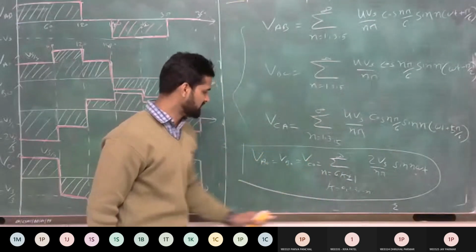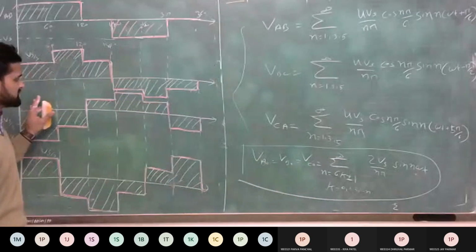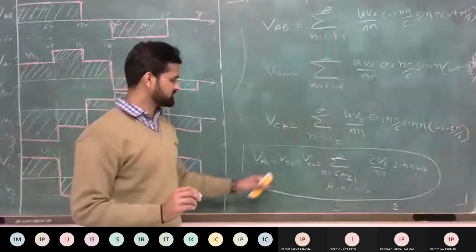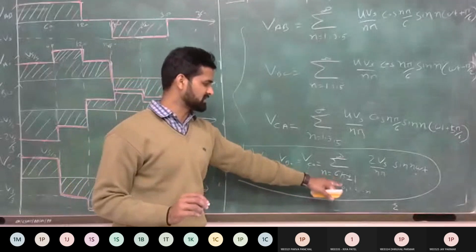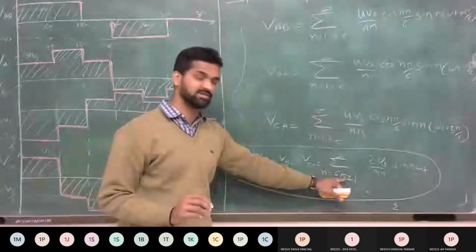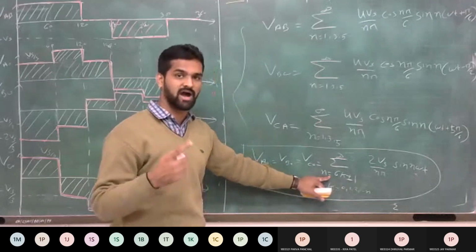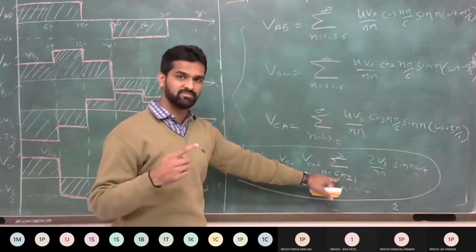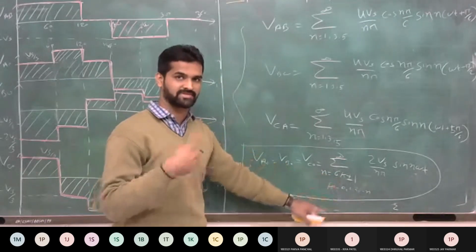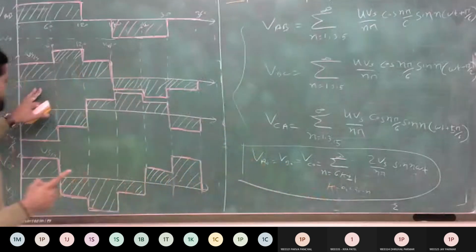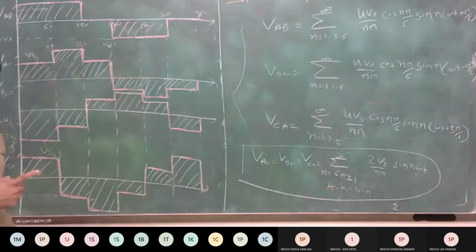It means that in this output voltage, the third order harmonic is not present, it starts from the 5th order, then the 7th.